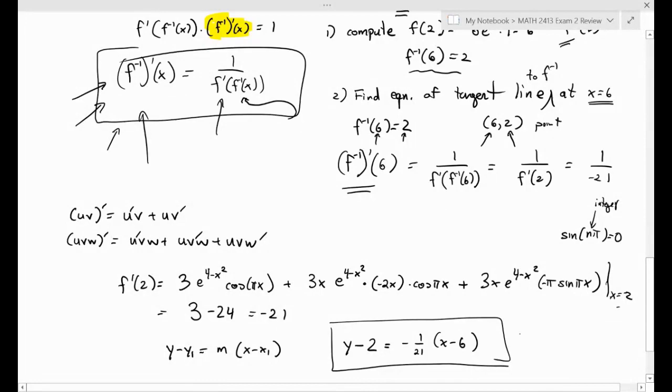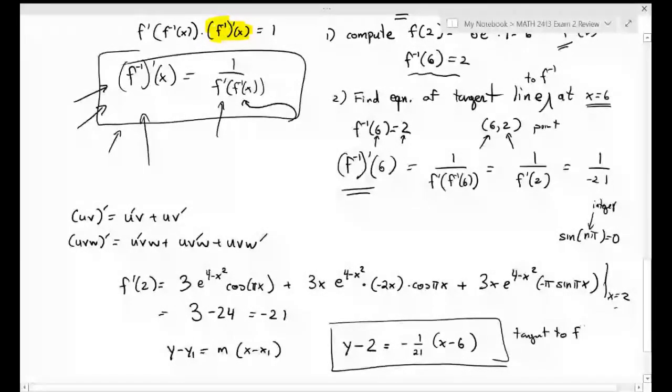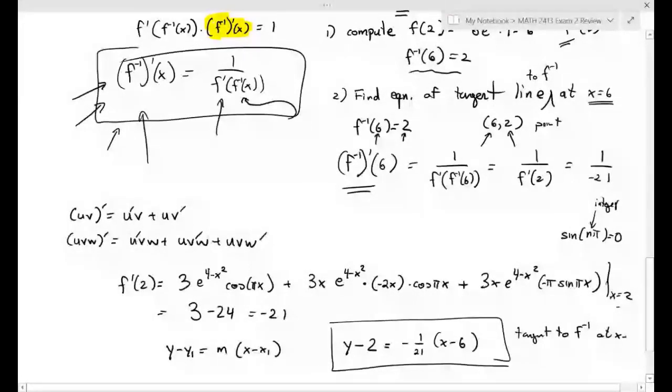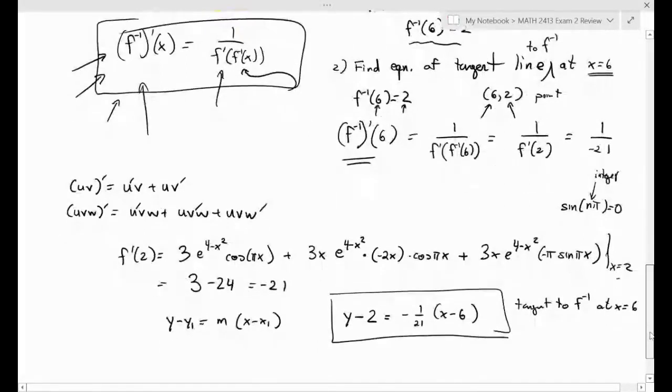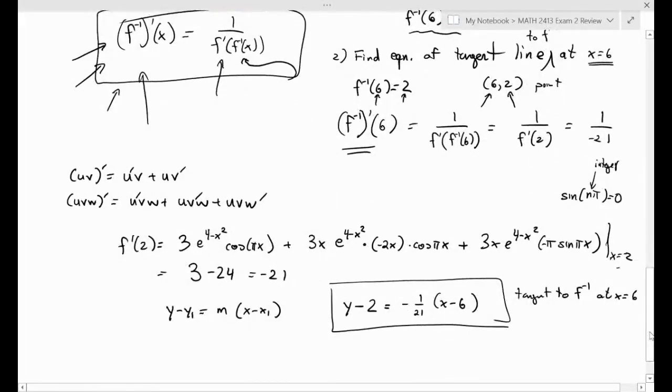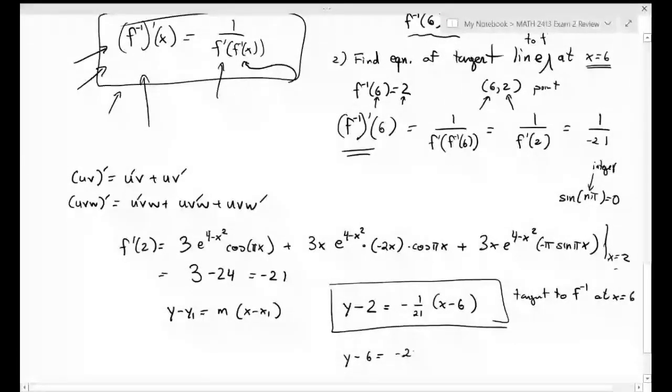So this is the tangent to f inverse at x equals 6. Does anybody want to venture to what the tangent to f would be, just by looking at that? Food for thought, right?